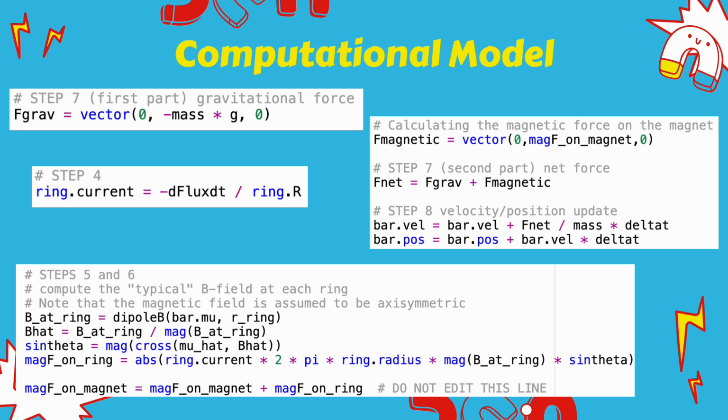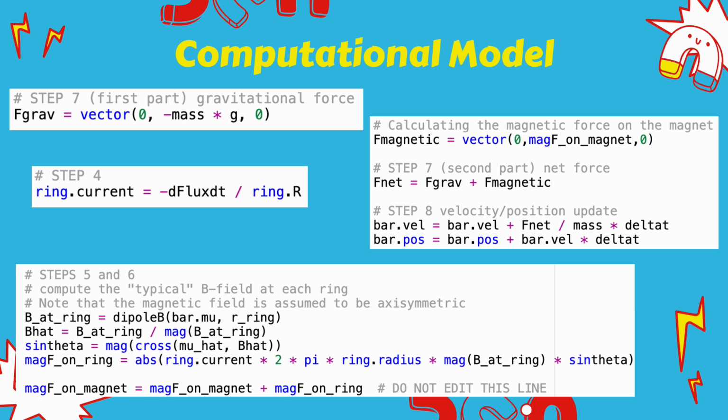Then you find the gravitational force of the bar magnet as it travels down the tube, which is just your mass times the gravitational acceleration. The current is the change of flux over the ring.